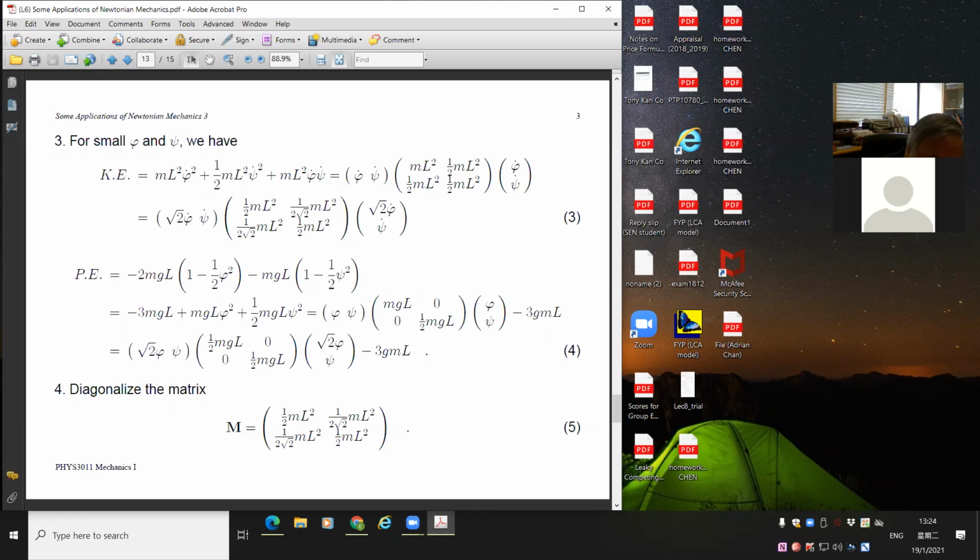Now, if you have both non-diagonal kinetic energy and non-diagonal potential energy, then you have to propose a suitable transformation that will transform both to diagonal form, right?